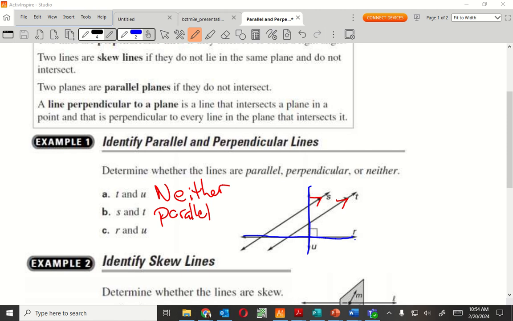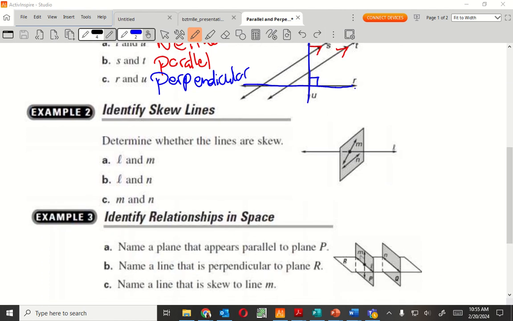Since they intersect right there, and they also have this little box, they cross forming a right angle, so that is perpendicular. Pretty easy, right? Going through here, a lot of it is just identifying them, vocabulary.